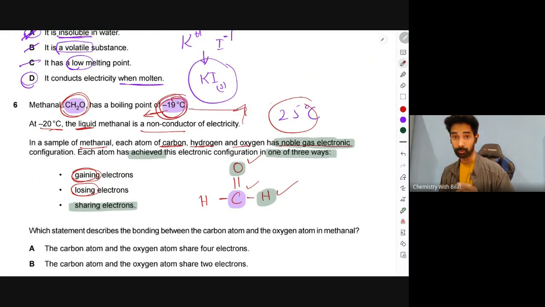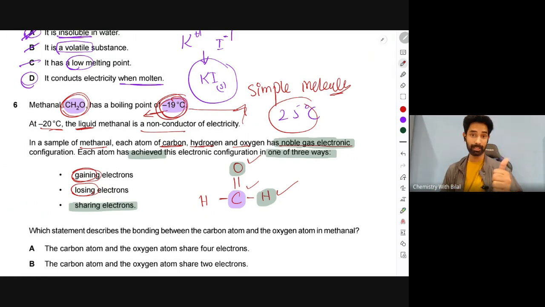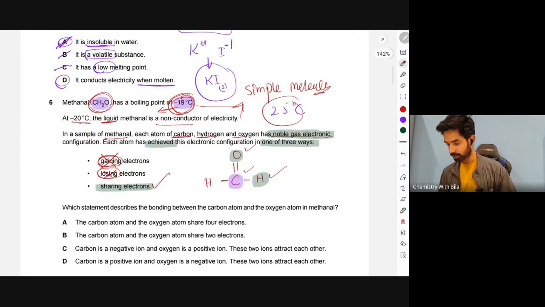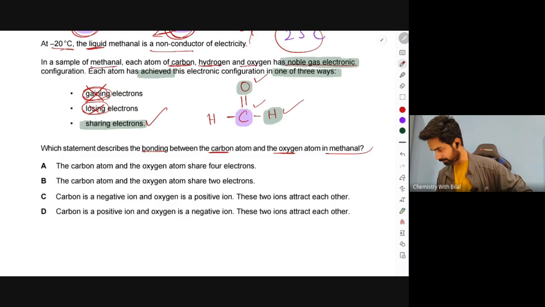We can conclude that it is going to be simple molecular, because simple molecular substances have low melting and boiling points and do not conduct, and simple molecular substances have covalent bonds. In covalent bonding there is no gain or loss, there is only sharing of electrons. Correct.